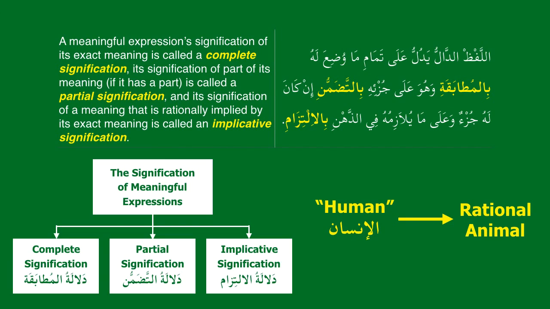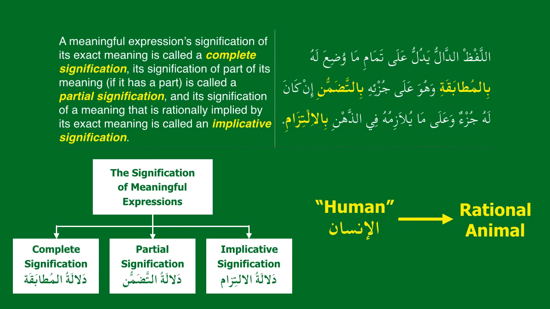But really, the meaning of rational animal is a language independent mental meaning. When somebody conceives of this meaning using some other language, for example, the way that you would say rational animal in Arabic is hayawanun natiq, even though the expressions have changed, the meanings have not.